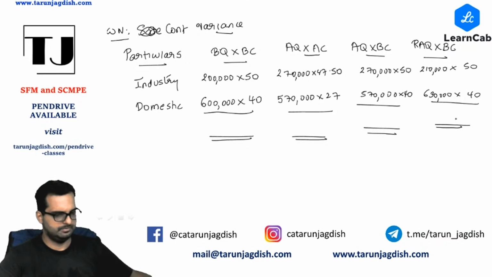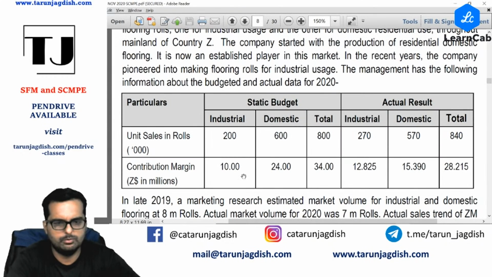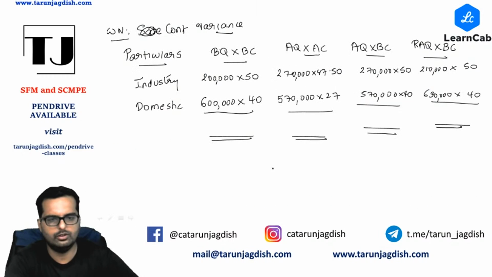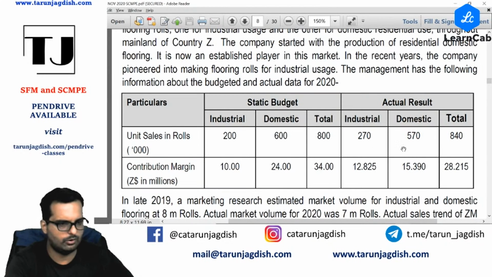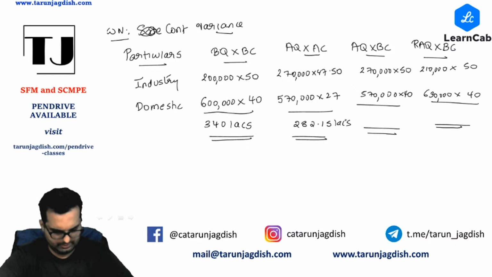Okay. Alright. So first one, I think we already have the answer. This one is turning out to be 1024. Total was 340 lakhs. Second one also, AQ into AC, we have got the answer as 282.15 lakhs. These things we don't have to do extra hard work. Just to cross check, you can always work it out.